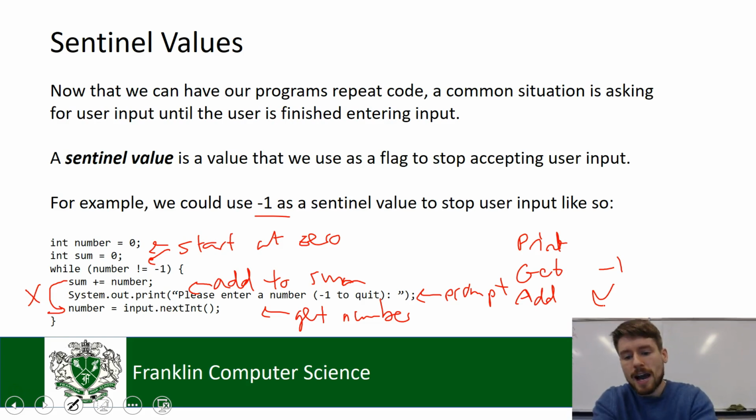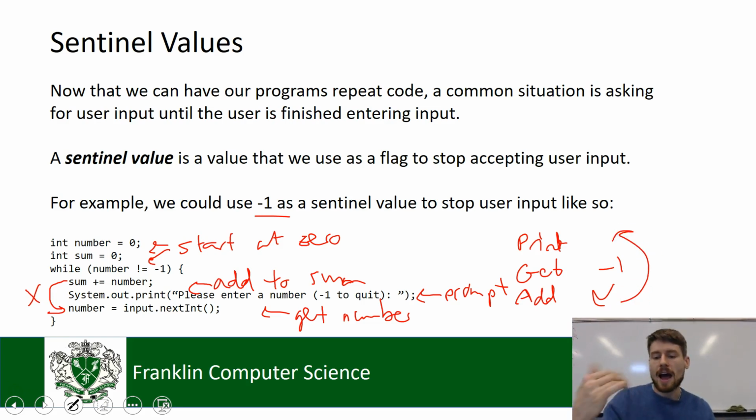That's why the add is actually put up at the very top instead of after you get the number from the user. And the very first time this runs, it's fine to have that there because number and sum are both starting at 0. So when you add that to sum, you actually don't change the value of sum. It starts at 0 still. That's something to be mindful of: the order that you do things in when you're using these sentinel values does matter.